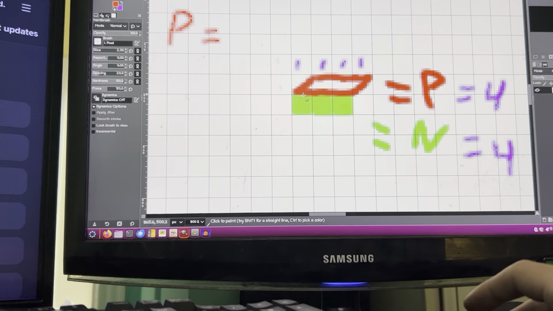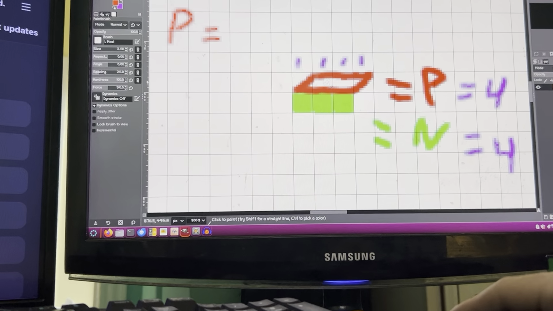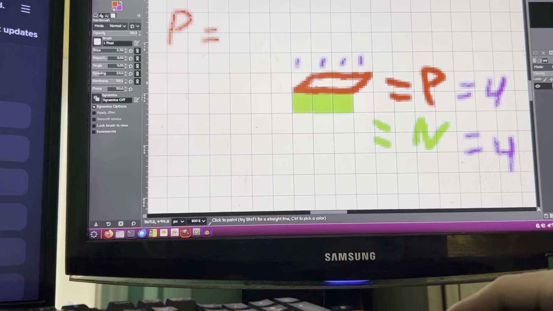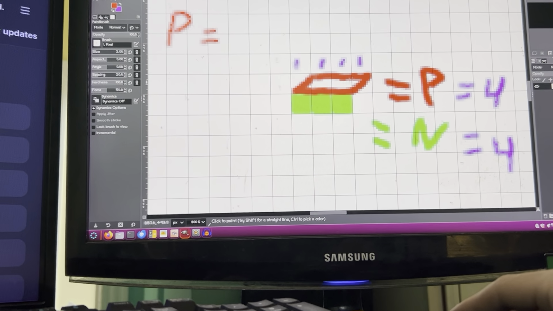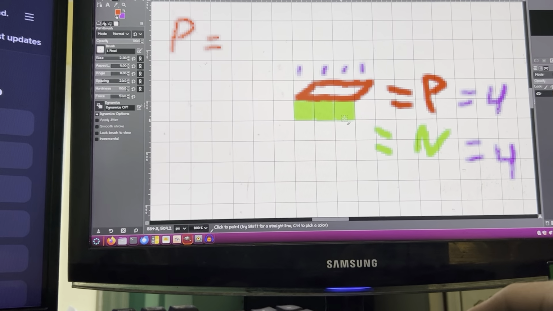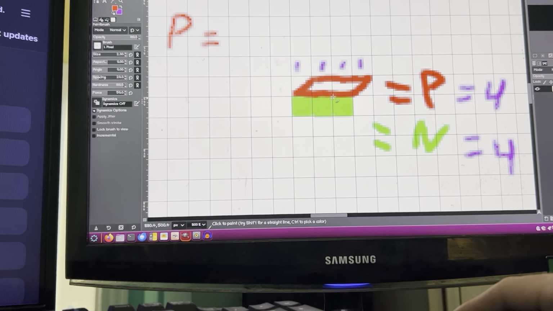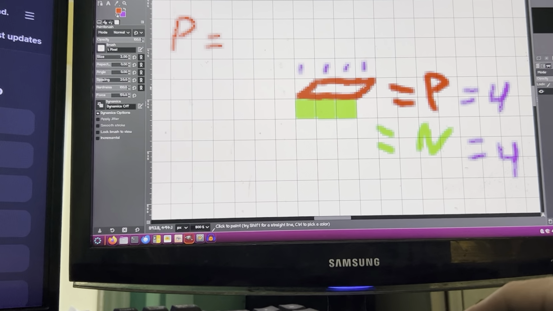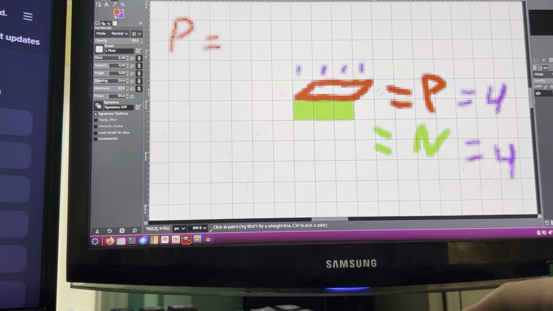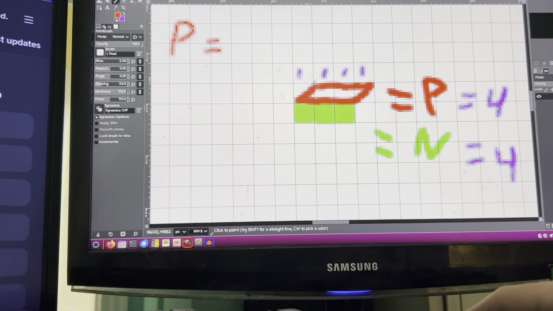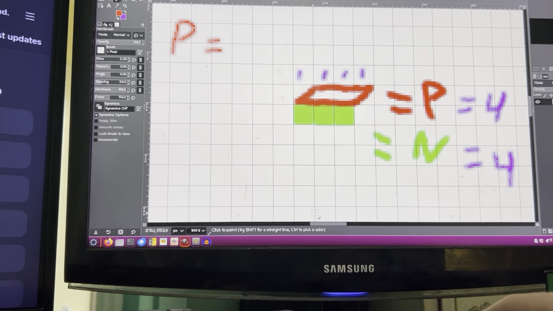The reality is, this shape is made up of 1, 2, 3, 4, 5, 6 triangles, okay? Which means you can take each of these halves and you can put them together as a single square, right?